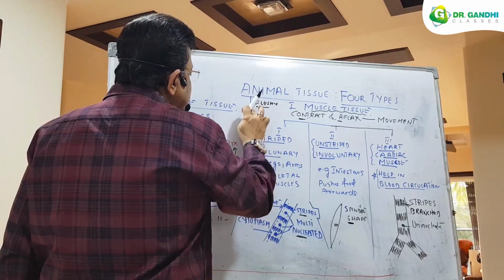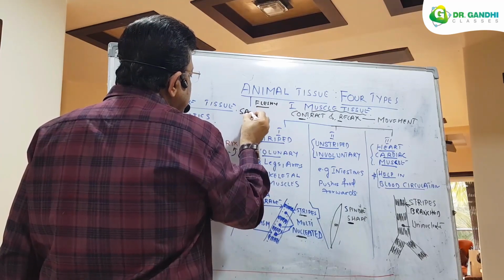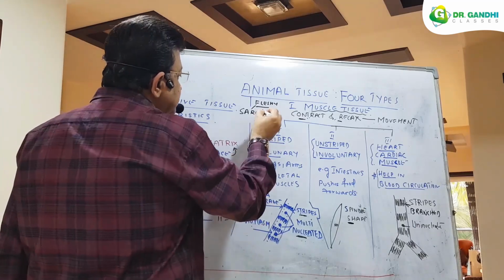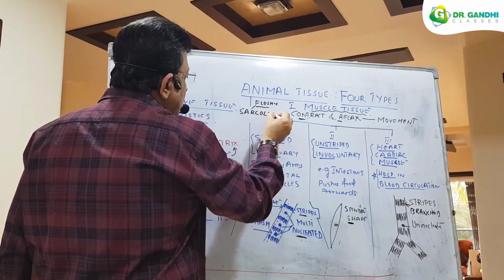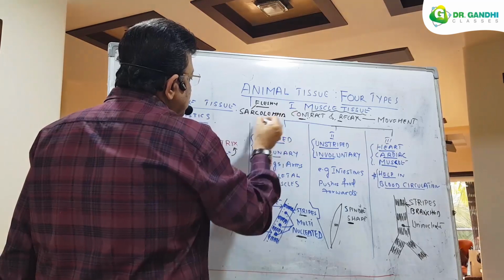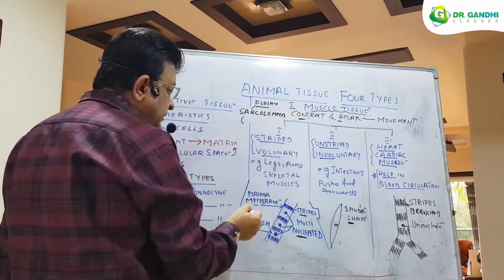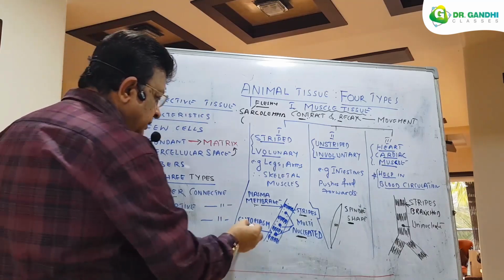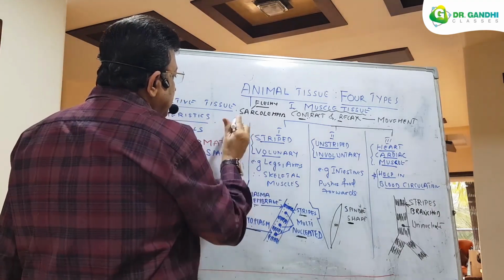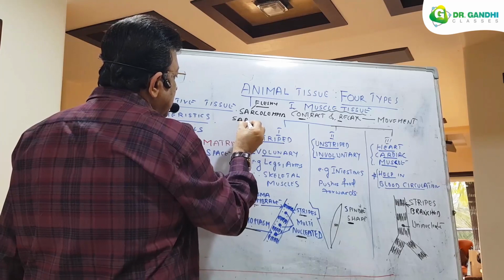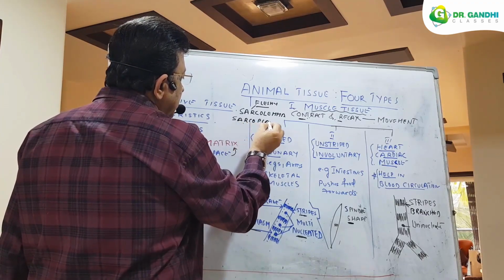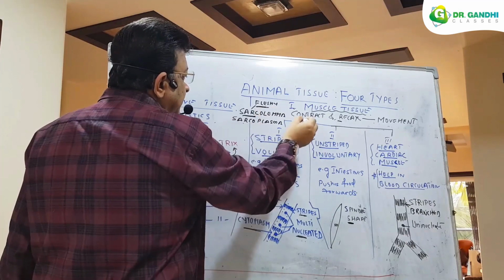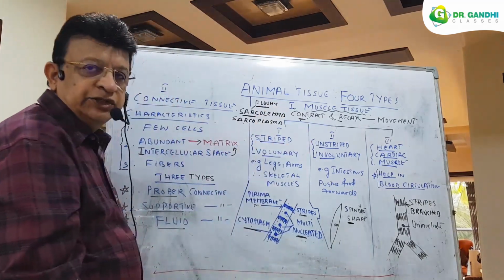From the word flesh, sarc means flesh. The membrane is known as sarcolemma. So the membrane surrounding the muscle tissue is known as sarcolemma. And the cytoplasm therefore is called sarcoplasm. Again I repeat, sarc means flesh. Muscle is a fleshy tissue.